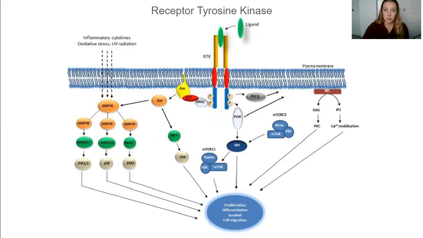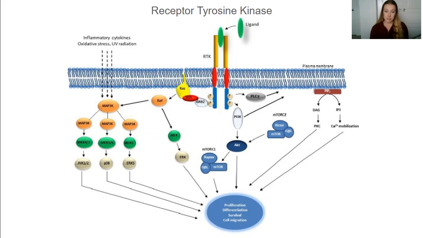So now we're going to go into the receptor tyrosine kinase mechanism. Receptor tyrosine kinases are a group of receptors that are located within the cell membrane. They act as signal transducers that mediate cell communication with other cells.